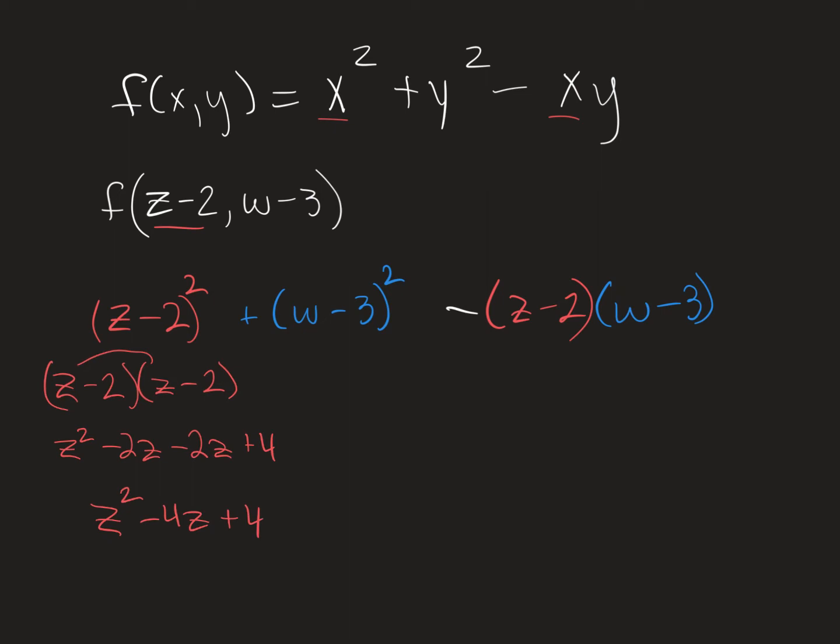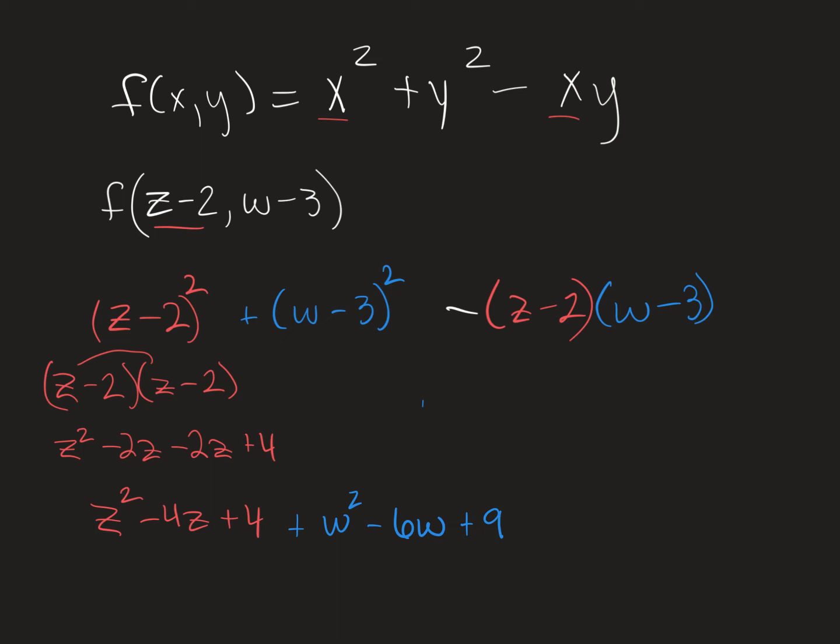A nice shortcut for that is it's your first one squared, 2 times z times 2, 4z, 2 squared is 4. That'll work every time. I'm going to use that shortcut here to square my w minus 3. Like I said, you can always write it out in FOIL, that's fine. But it's going to be w squared minus 6w plus 9.